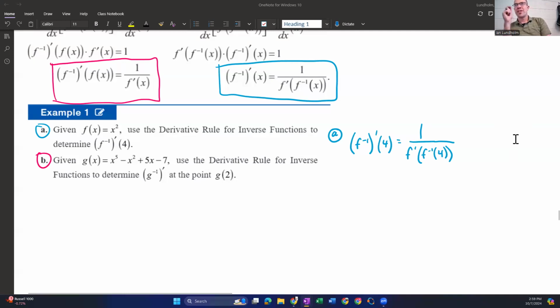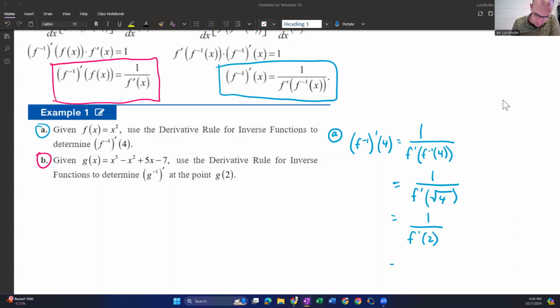So the idea is we're utilizing this blue formula here, and we are plugging in 4 for x. We've still got f prime there. f inverse is square root. And so we've got 1 over f prime of 2 as the thing that we're actually working towards.